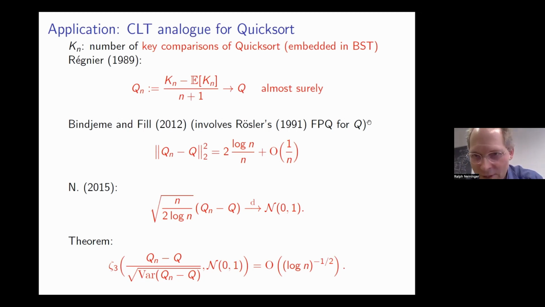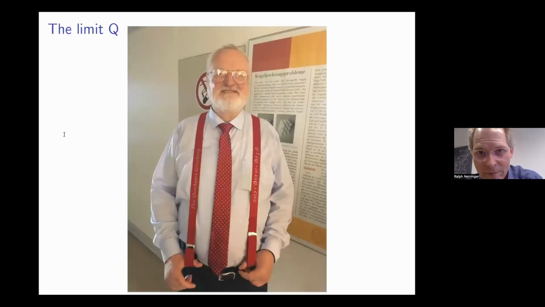Okay, so what I did not show you now is this fixed point equation for Q. And I no longer have to write it down because Uwe Rösler now has it printed on his suspenders. And here's the picture. Here you see Uwe Rösler, he is the father of the contraction method. And you may see here on these suspenders, there's something written.